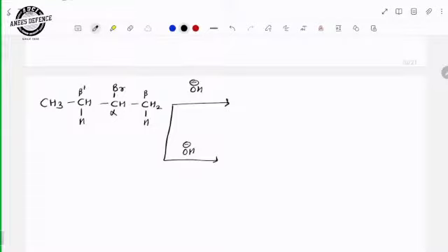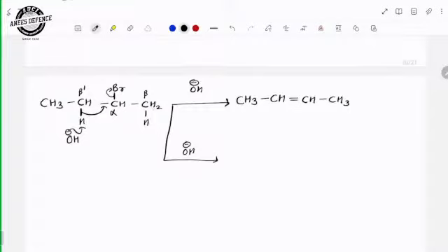What will the base do? The base will abstract the beta hydrogen. Let us see the first possibility first. I'm abstracting this beta hydrogen. This bond gets shifted between alpha and beta, and this Br is removed. So the first product is CH3, CH, double bond, CH, CH3.